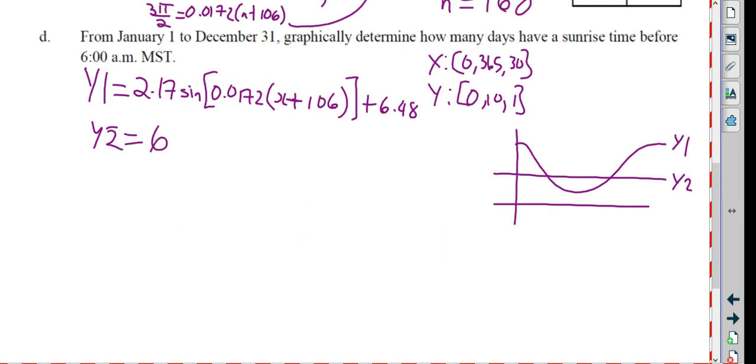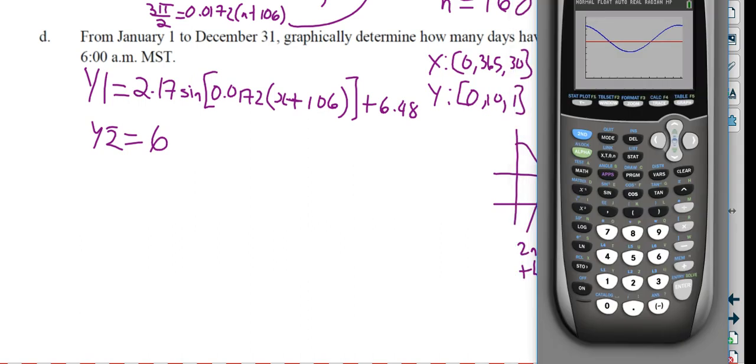What do we got to find out? So, second calc, intersect, to get the x values. Okay, second calc, intersect.